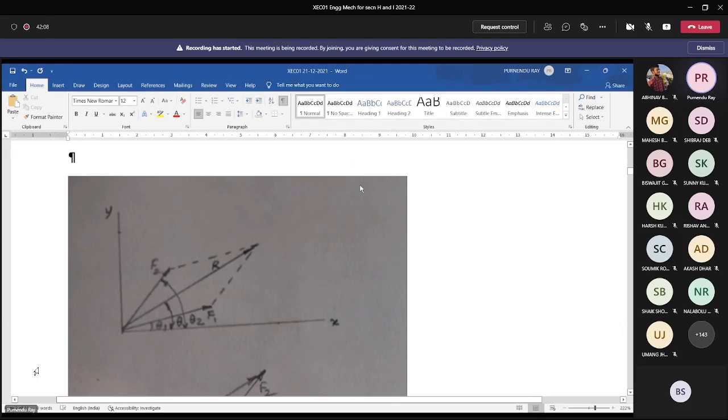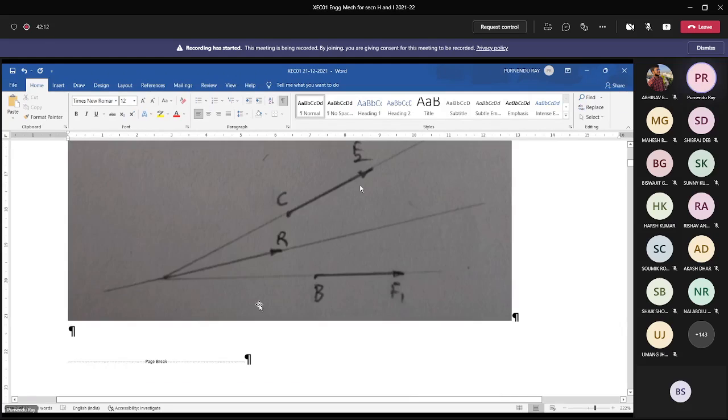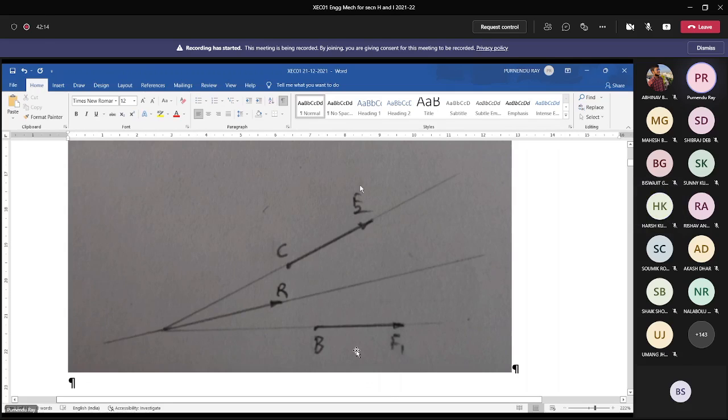Opposite to R, something like minus R. Now, in this form, two forces F1 and F2 are not given as concurrent, but we can extend these two lines of action to get some point of intersection. Anyway, we forget about this. Just those are acting through B and C. F1 and F2 are acting.